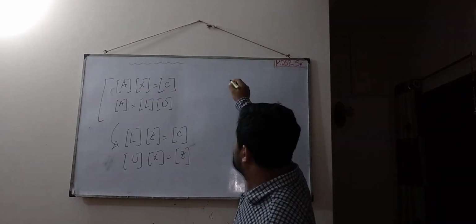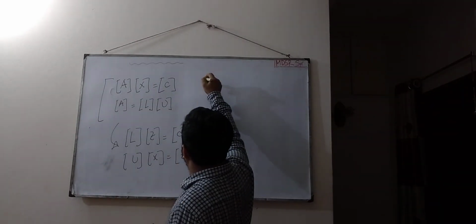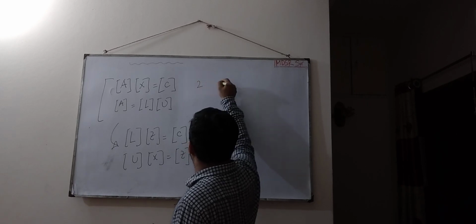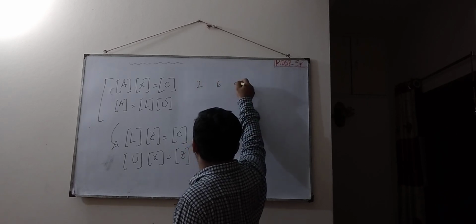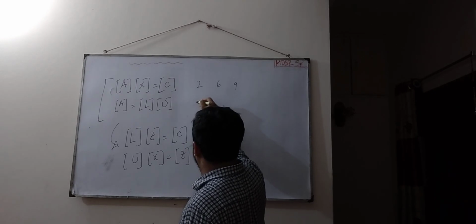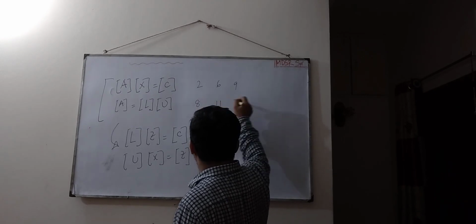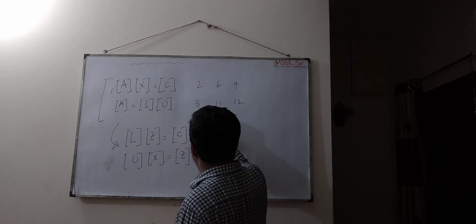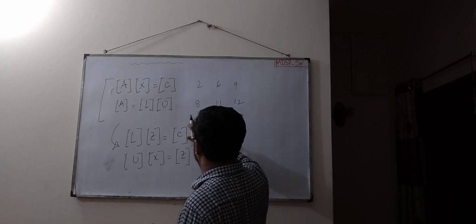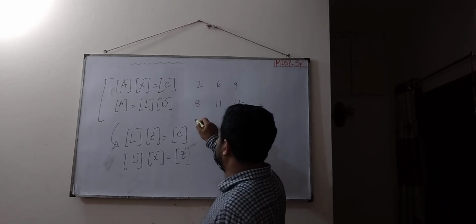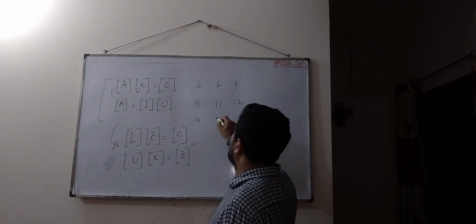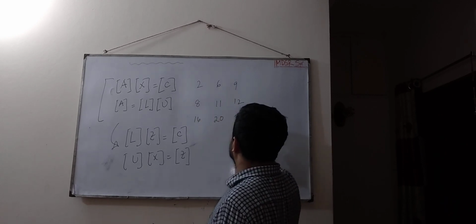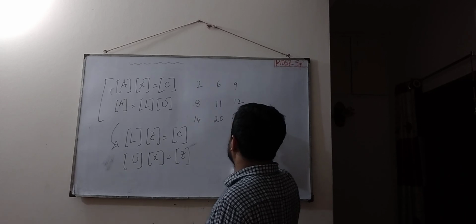For example, if we have a matrix 2, 6, 9, 8, 11, 12, 16, 20, 80.